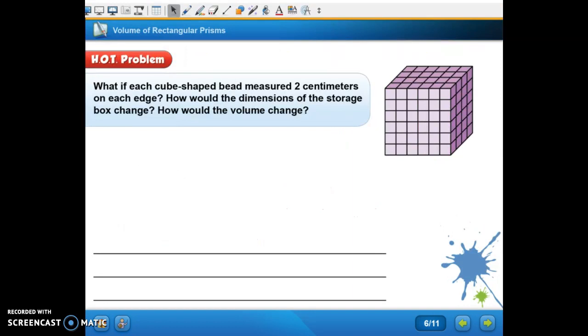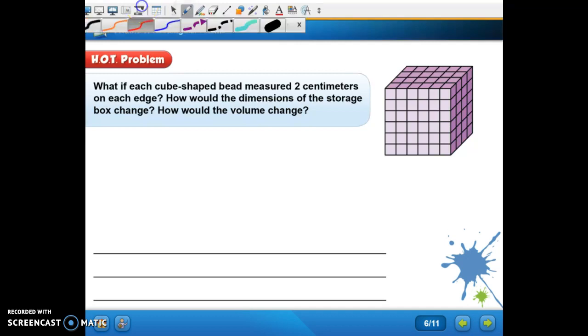Okay, so this is our hot problem down at the bottom. It says, what if each cube-shaped bead measured 2 centimeters on each edge? How would the dimensions of the storage box change, and how would the volume change? First of all, what would each of these cubes be?